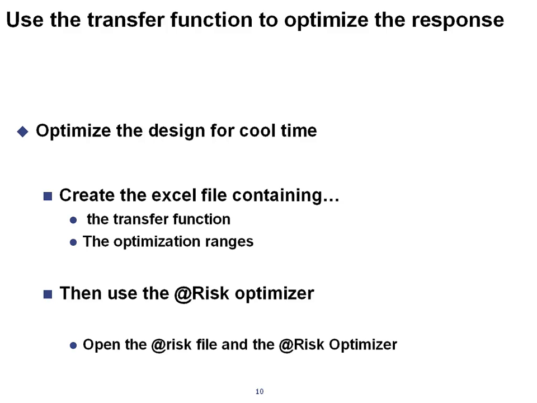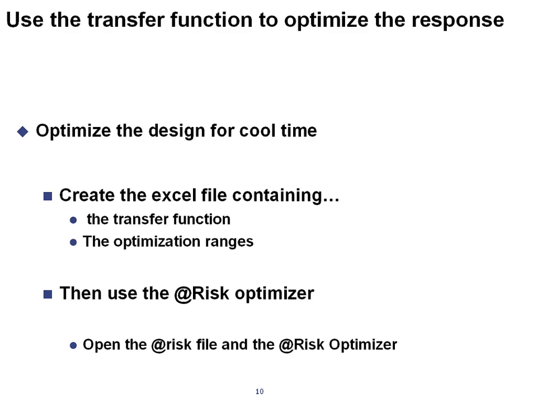Now, in this example, the equation is not extremely complicated, and one might argue you could even do it by hand, some differential equations and so on, but it's a lot of work. It makes more sense to use some software package to do that, and I chose @RISK Optimizer for that.